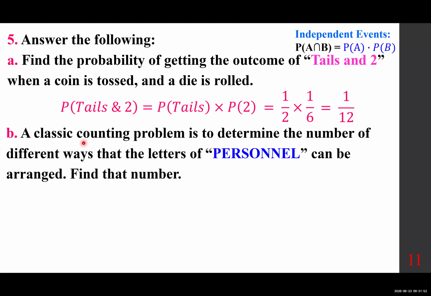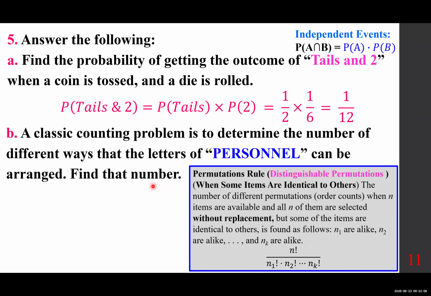A classic counting problem is to determine the number of different ways that the letters of PERSONNEL can be arranged. Find that number. Permutation rule, distinguishable permutations.